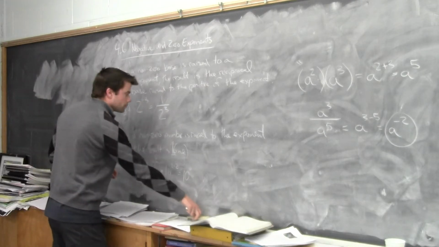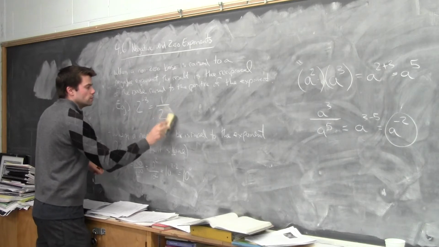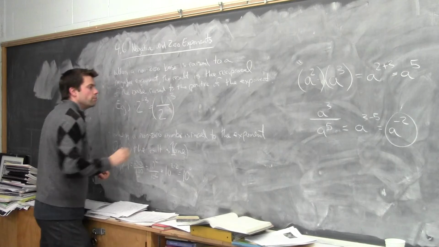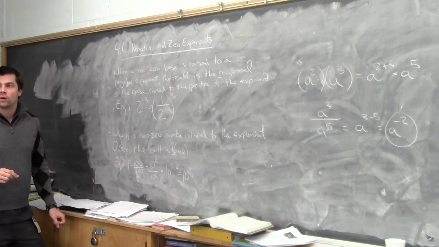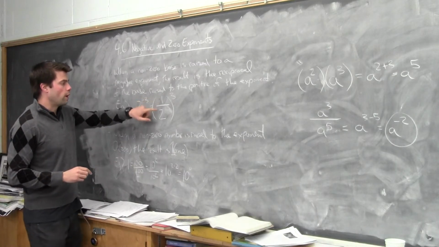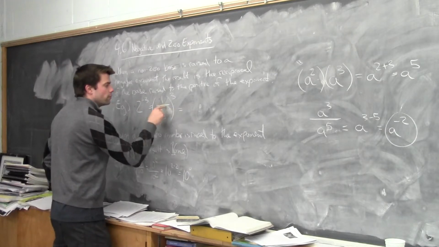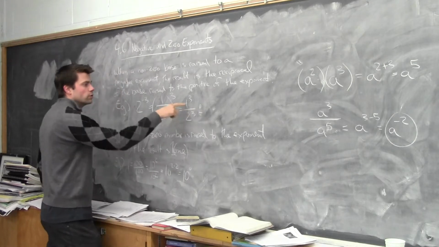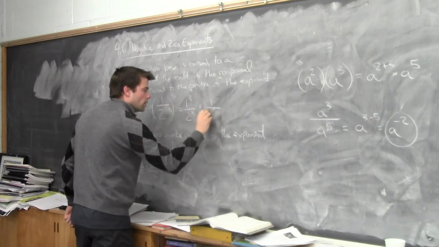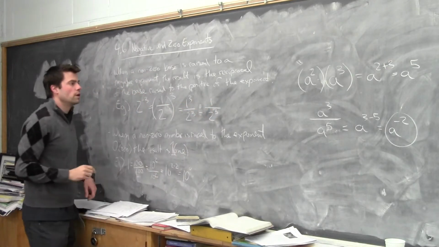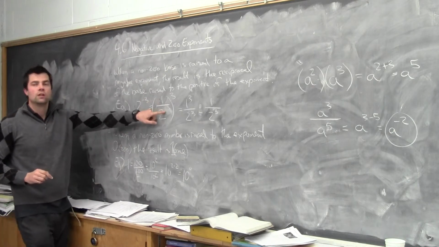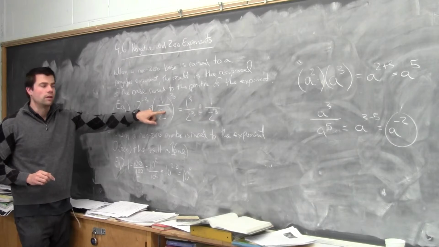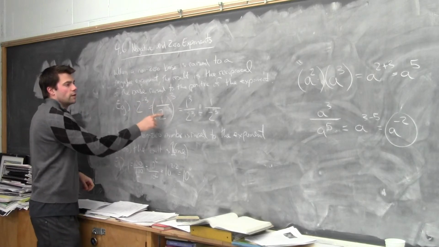In actuality, I should have written that like this: 1/2 to the exponent of positive 3. Now we can simplify that to 1 to the exponent of 3 over 2 to the exponent of 3. And of course, 1 to the exponent of 3 is just 1, so it's 1 over 2 to the exponent of 3. But I want to make sure that you don't just apply the exponent to the denominator. The exponent applies to both the numerator and the denominator.